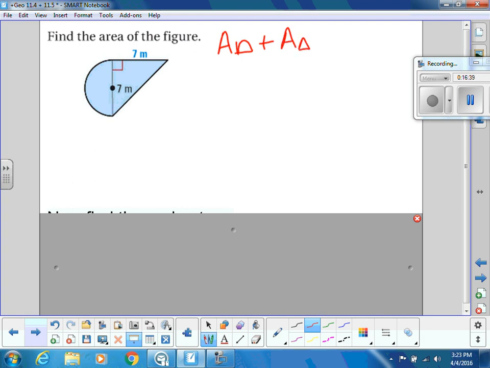So we're going to have, again, this looks like the diameter is 7, so that means that the radius is 3.5, so that's going to be 1/2 pi r squared, plus, for triangle, it's 1/2 base times height, so 1/2, 7 times 7.